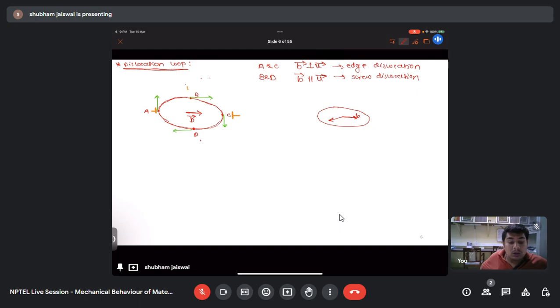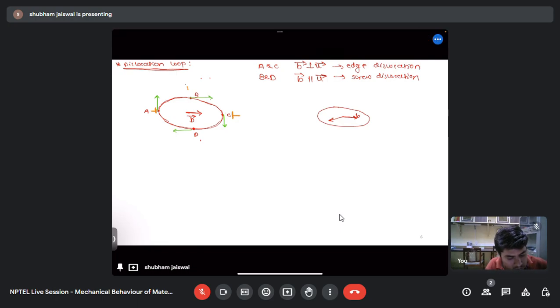So the dislocation will be edge dislocation throughout, at all points.